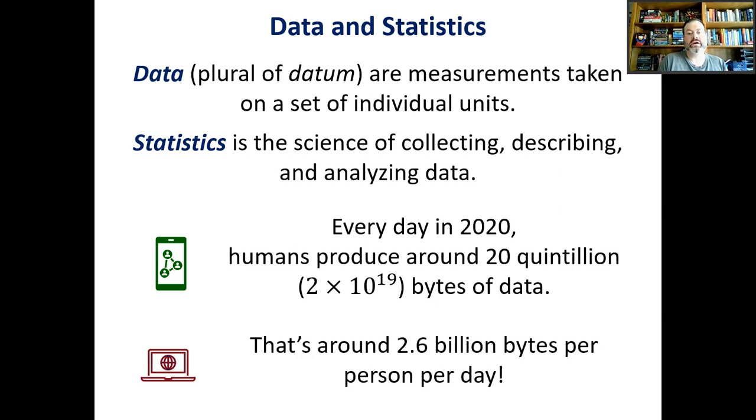Every year, humans are producing more data than every year previously combined in human history. You might say, how's that possible? Well, the two main reasons are smartphones and computers. That's something important to think about. Early on in this class, I want to give you a reason to, number one, appreciate statistics, number two, possibly even enjoy it.